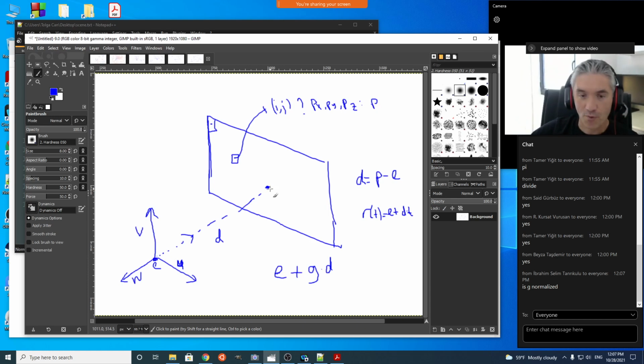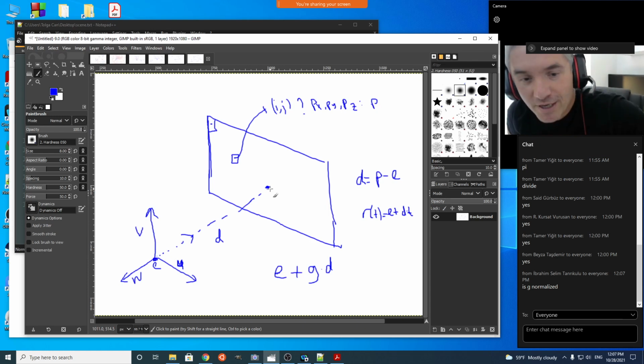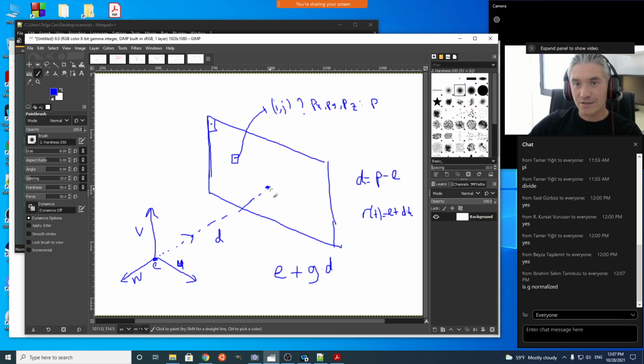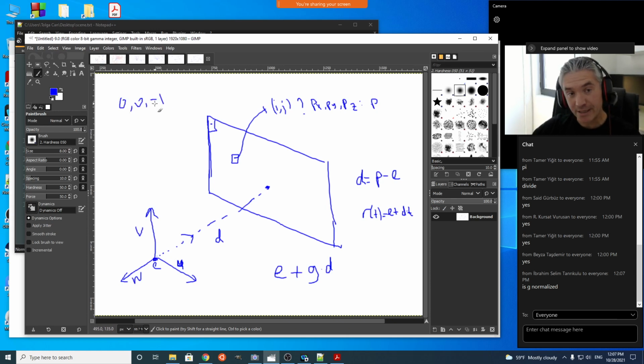Usually, when you're using these directions, if you just want them to indicate direction and we want to go in that direction a certain number of units, they have to be normalized. In our case, our gaze was 0, 0, minus 1, and it was normalized. Its length is 1 unit.